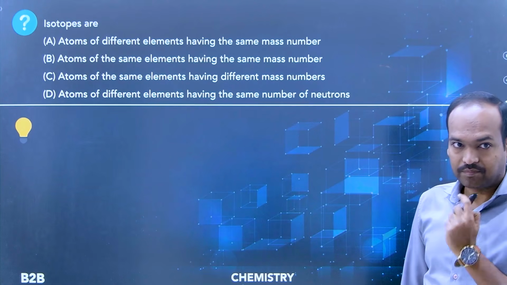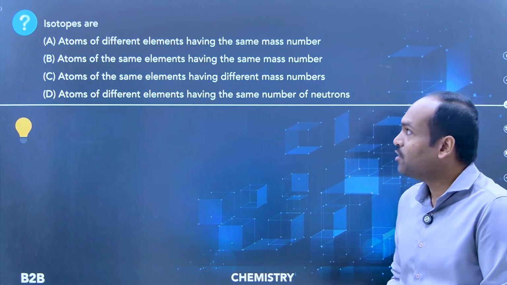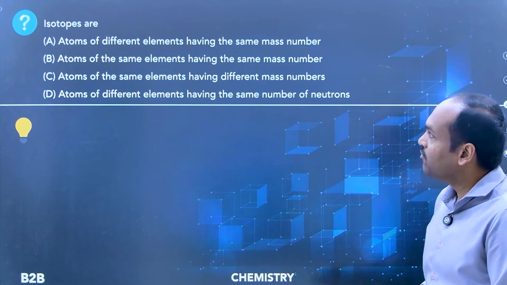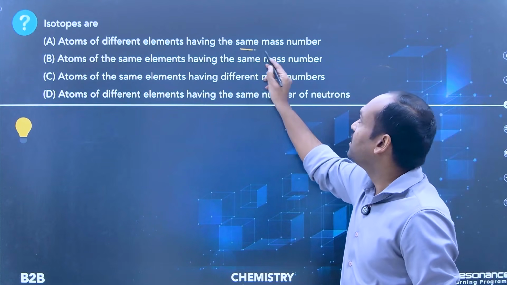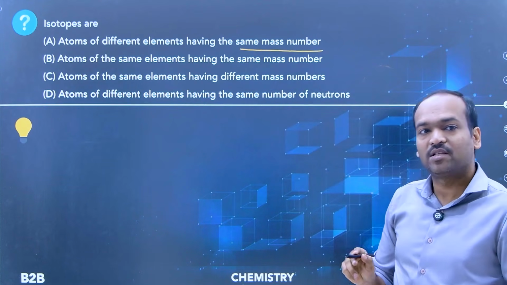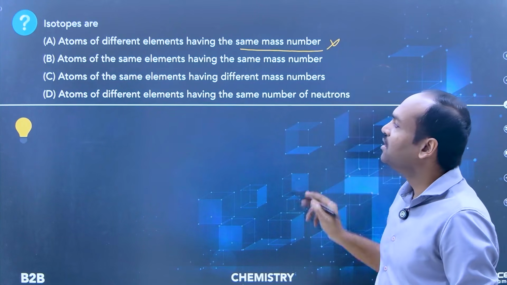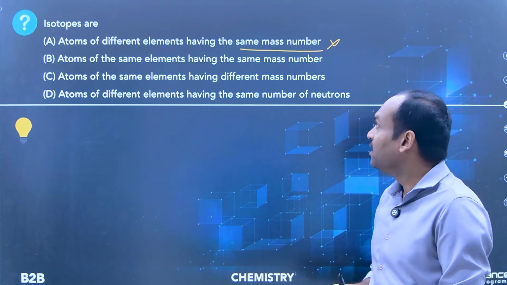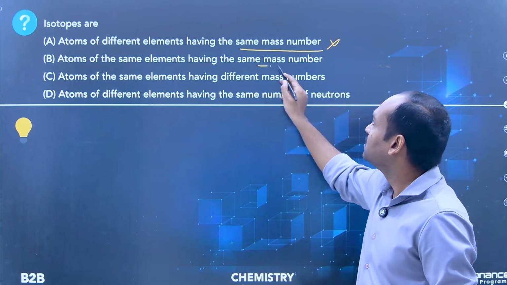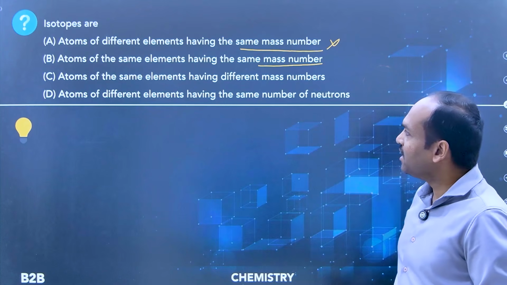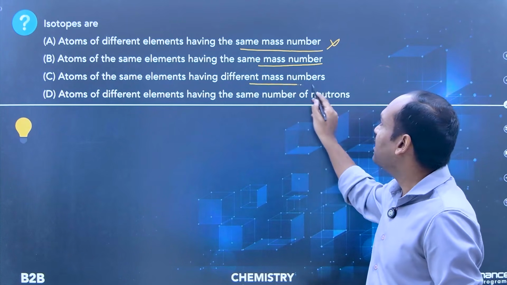Isotopes. Read the question carefully. Isotopes are atoms of different elements having the same mass number? No, beta. Same mass number means isobars, so it's not a correct statement. Atoms of the same element having the same mass number? No. Atoms of the same element having different mass number.